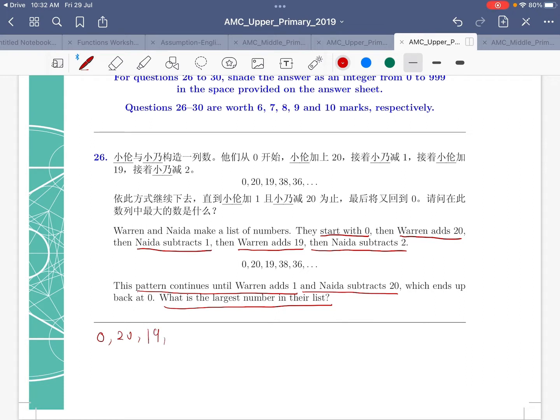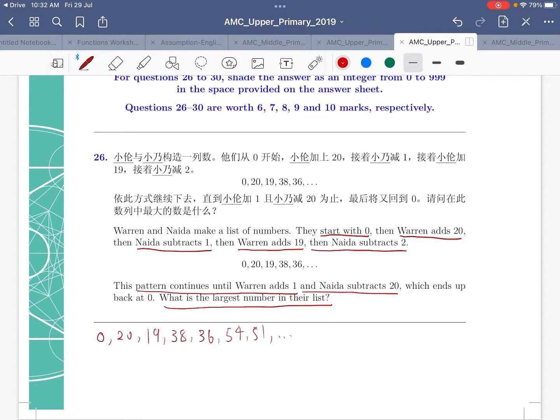Then Warren adds 19, we get 38. Then Naida subtracts 2, we get 36. Then Warren adds 18, which gives 54. Then Naida subtracts 3, which gives 51, and so on until it goes back down to 0. What we are looking for is the largest number in the list.